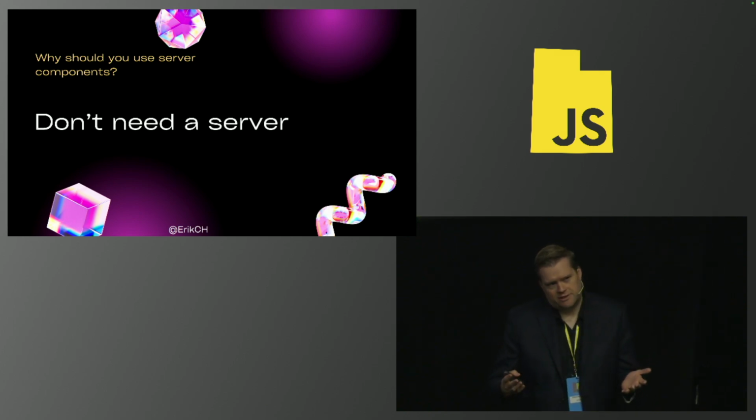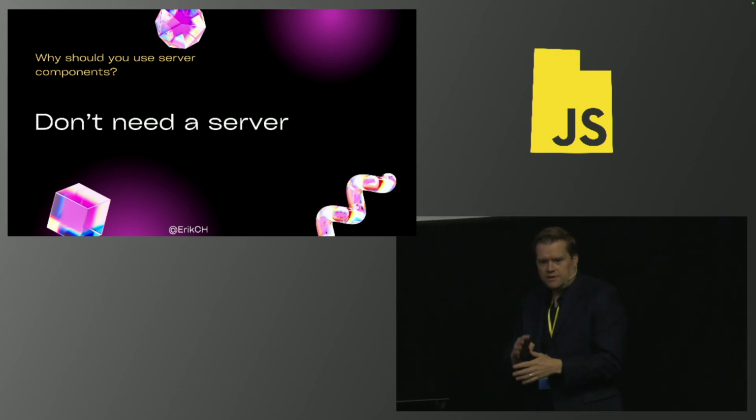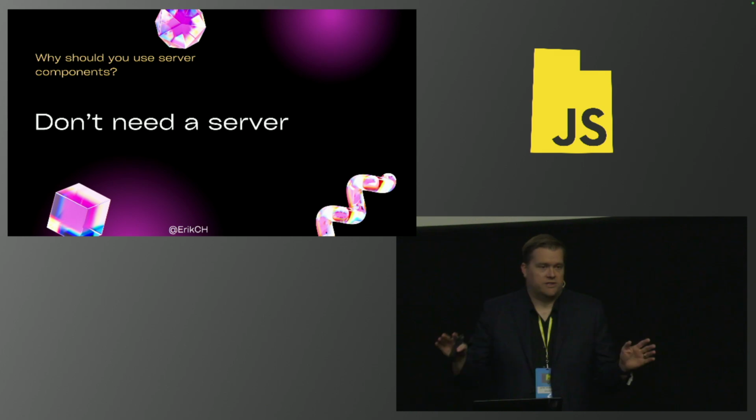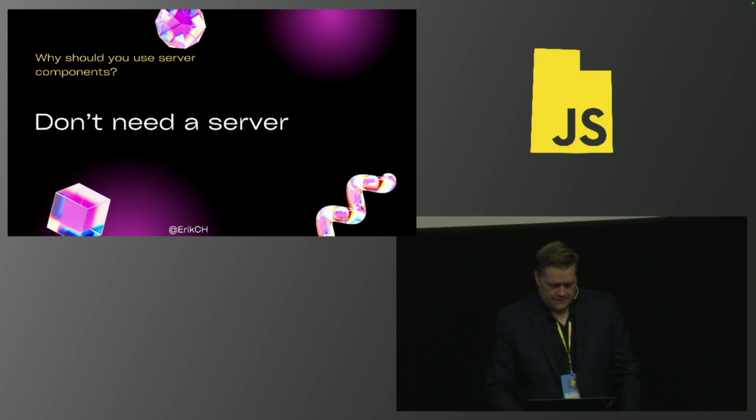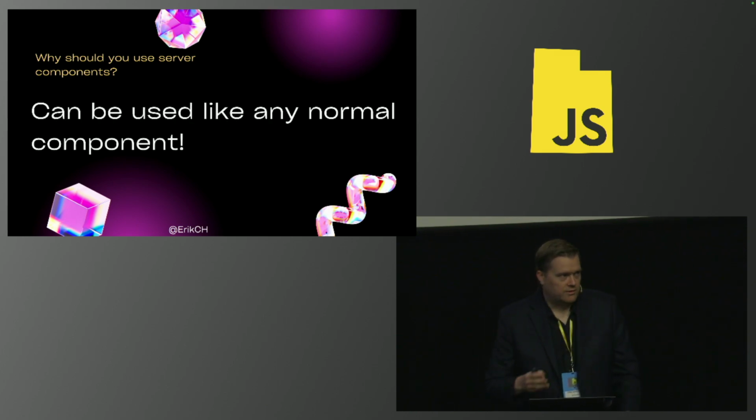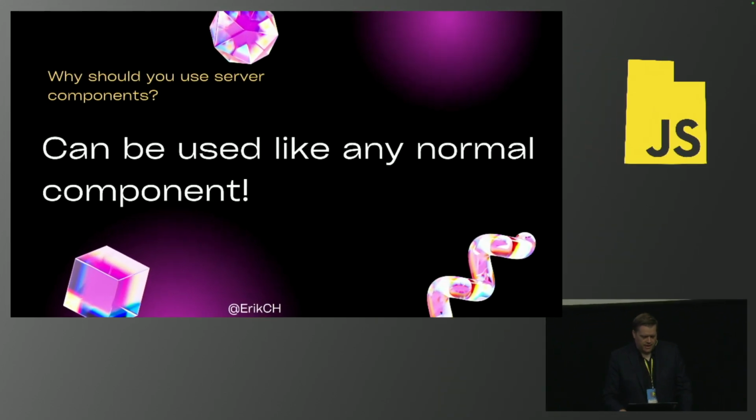So you don't even really need a server if you want to statically generate your whole site. Of course, you would lose some benefits of using a server component, and it can be used like any normal component. You can have a brand new Nuxt application, put all your components in there, and then mark some of them as server components and use them.